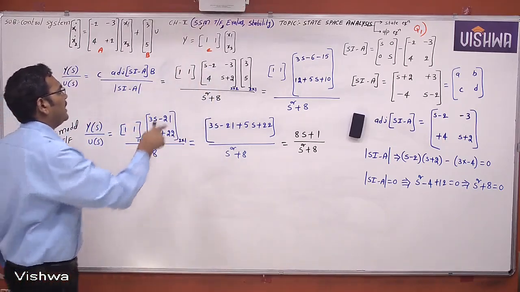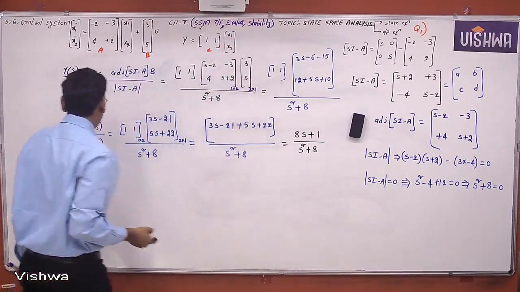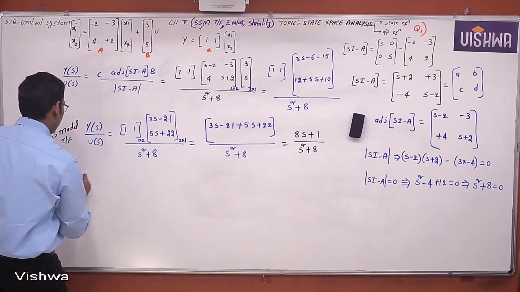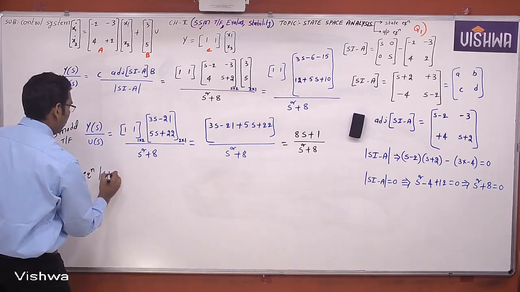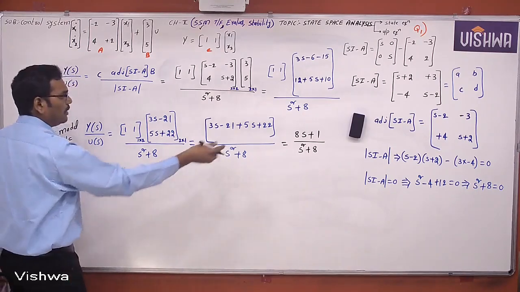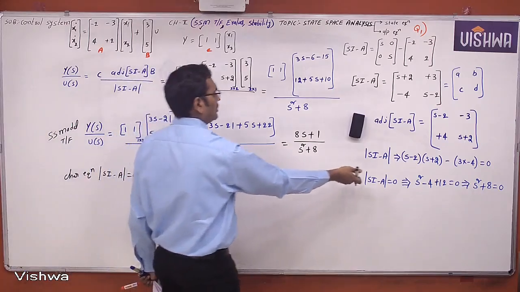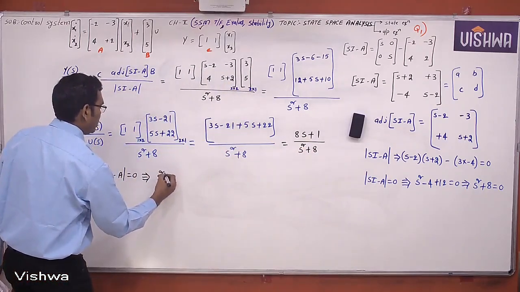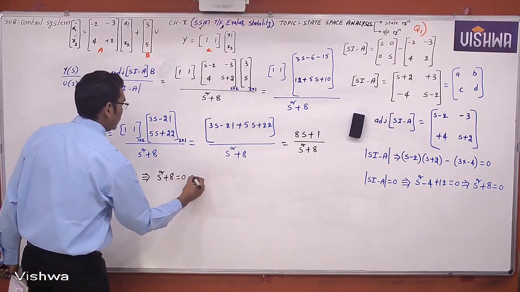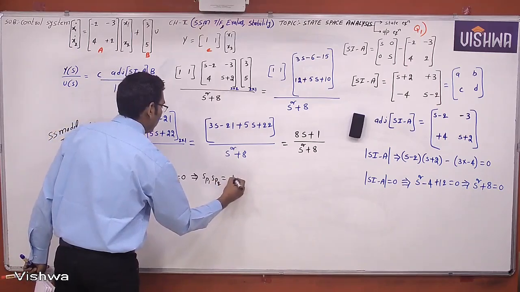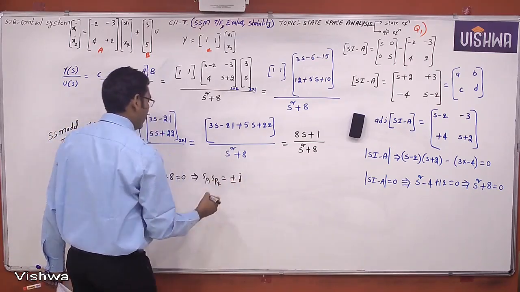Next, eigenvalues. What are eigenvalues? They are the characteristic equation roots. The characteristic equation is the determinant of sI minus A equal to 0, which is already calculated. It is the denominator polynomial, S square plus 8 equal to 0. Therefore S equals plus or minus j root 8.